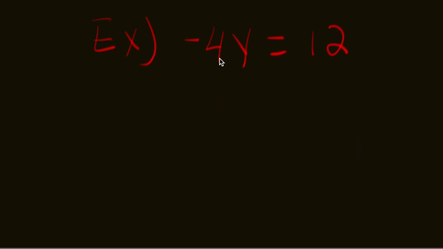Another way to solve this problem is by solving for y. In order for you to solve for y, you need to get rid of that minus 4 and turn that into a 1 because you need the variable to be by itself. Okay? So the way you get rid of negative 4 is by dividing by itself. So negative 4 divided by negative 4, because a negative and negative is positive, 4 divided by 4 is 1.